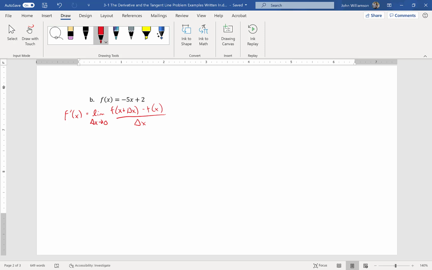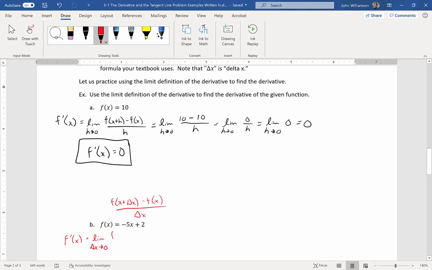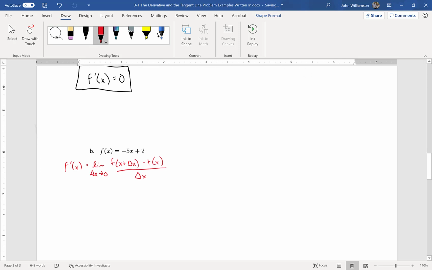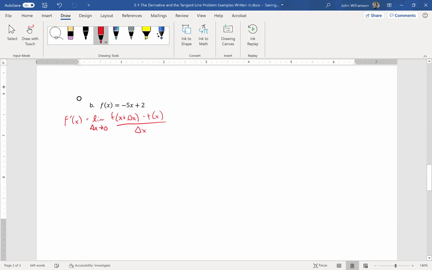Notice this is the exact same as our definition above. The only difference is that we now have delta x instead of h. Otherwise, it's the exact same. So it doesn't matter which way you do it.